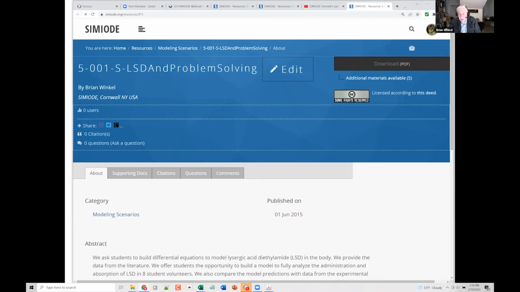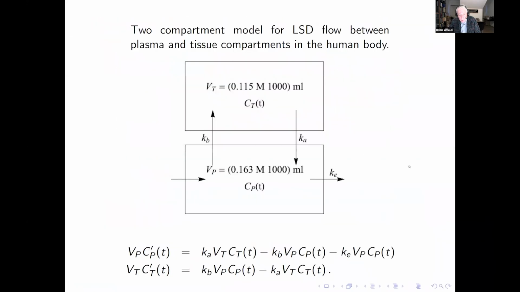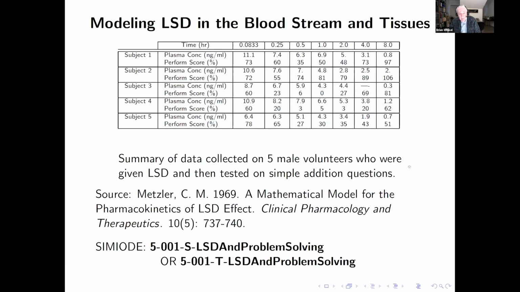So let me just go to the highlights for what's in this model. Here's the data. This was done in 1969 and written up by Carl Metzger, who was a chemist at Upjohn in Kalamazoo, Michigan, and early programming to do pharmacokinetics, that is the study of kinetics in pharmacology. In this case, these were studies for students done in Harvard.